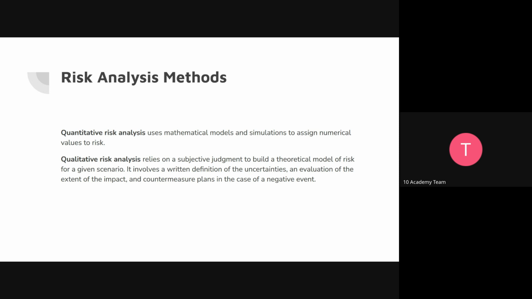It's just an assessment of a possible event that can happen, an evaluation of its impact generically, and a countermeasures plan. This can be a detailed plan, but it doesn't include numerical estimations. While quantitative risk analysis includes numerical estimations and the use of mathematical and statistical models, and possibly simulations, to assign a particular number to the risk.